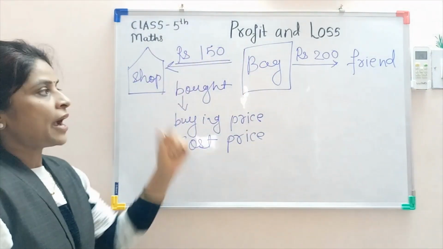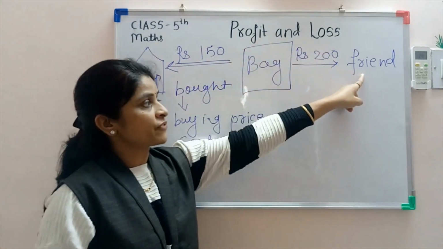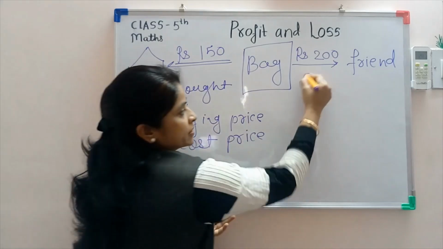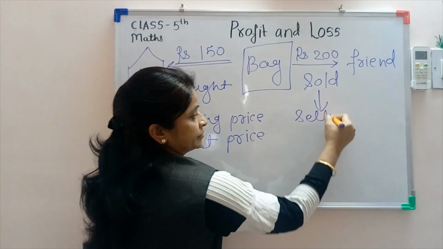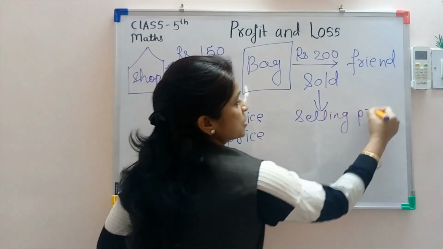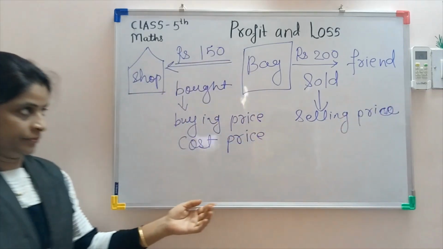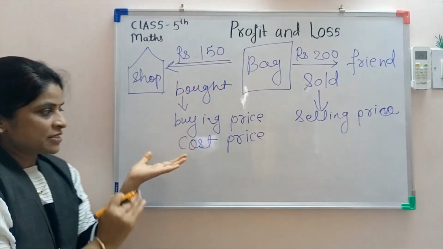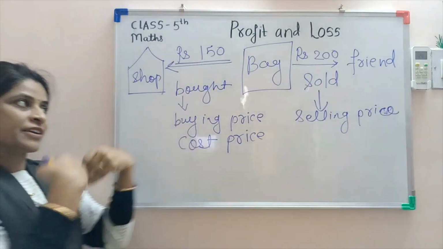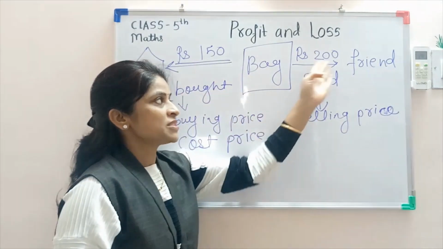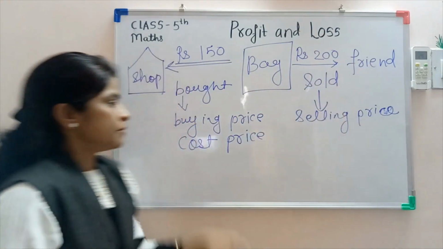Okay students? And now look at the next one. After that I sold the bag to my friend. Sold is nothing but the selling price of the bag. I bought at rupees 150 and gave it to the friend at rupees 200, so the selling price of the bag is 200.